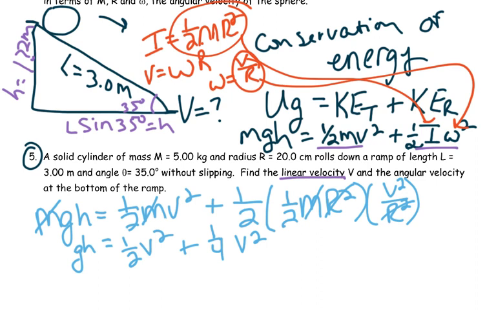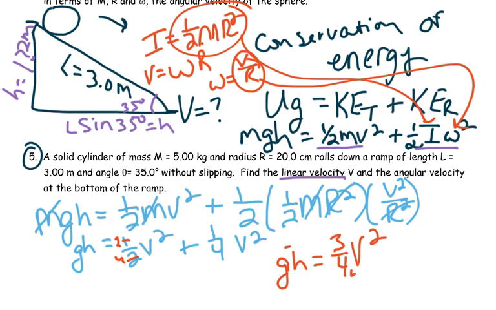So be really careful. All right, how do I add these two together now? What do I have to do? Lowest common denominator, right? So this becomes 2/4. Or like Izzy said, it's gh equals 3/4 v squared.